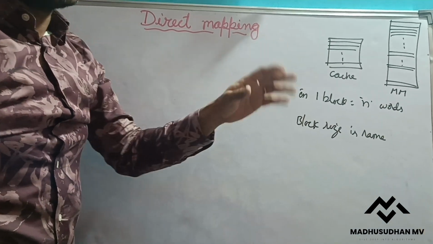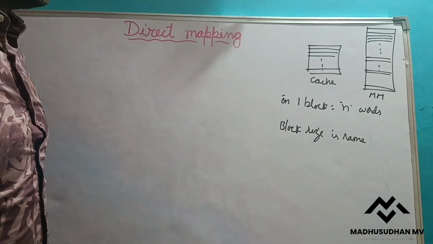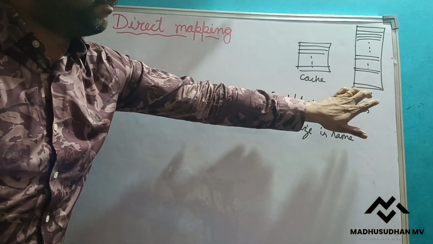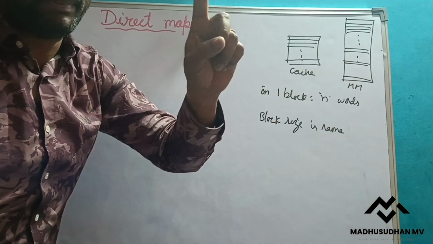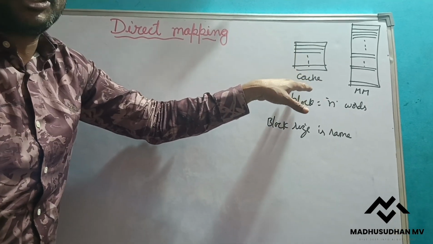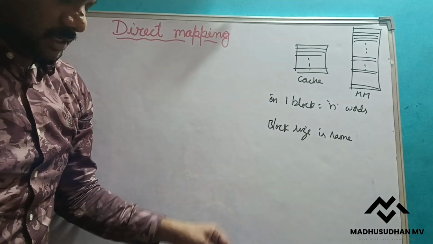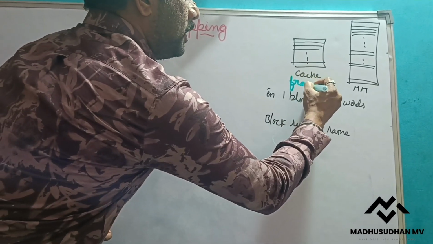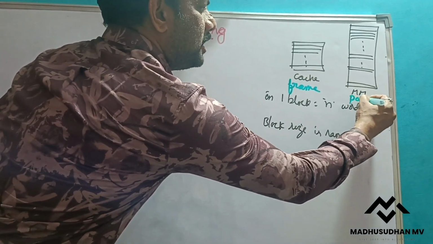Here I am using the word block in both cases, but technically the blocks of main memory are called pages, and the blocks of cache memory are called frames.